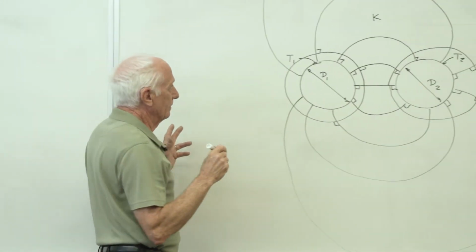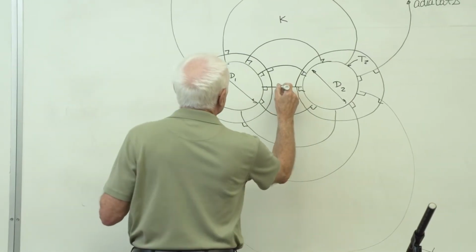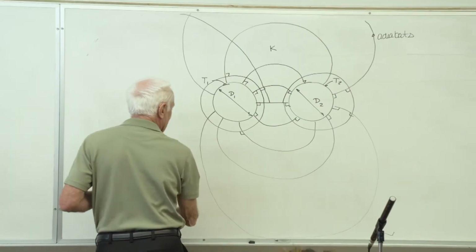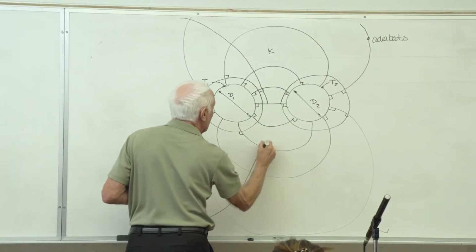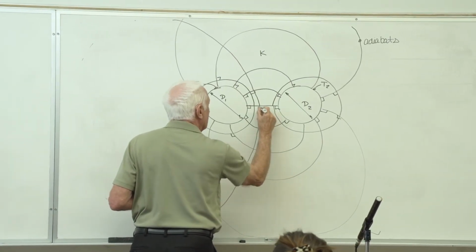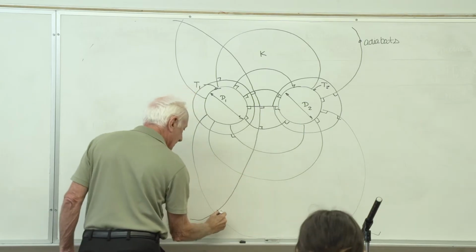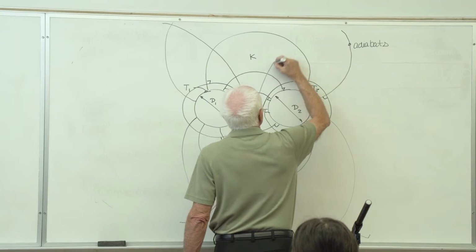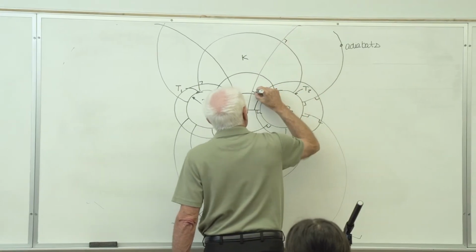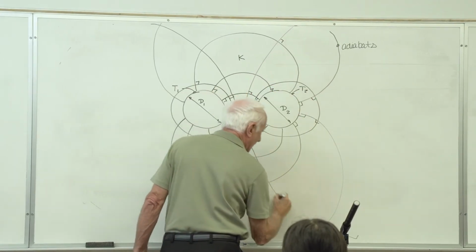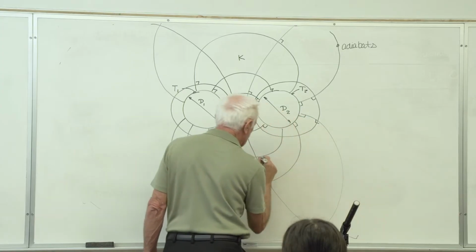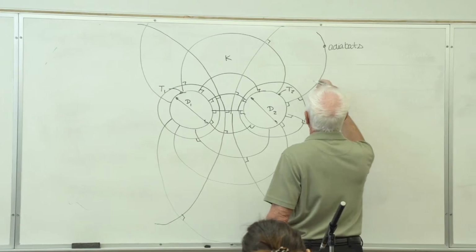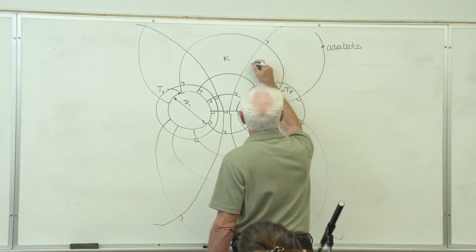Continue. Everywhere they must cross at a right angle. I'll draw one more. Right angle to the best you can draw. Okay, and these guys are the isotherms.